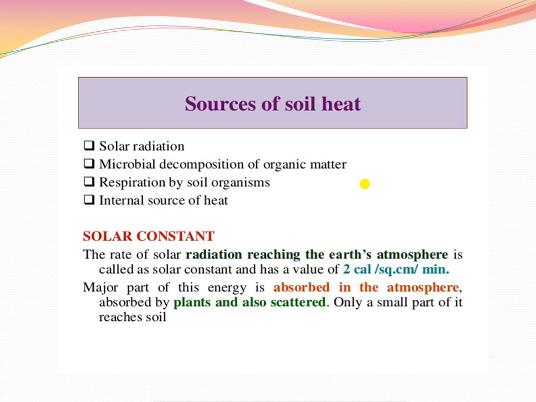The different sources which increase the temperature of soil are, number one, solar radiation, that is sunlight energy from the sun; then microbial decomposition of organic matter, which evolves certain heat due to the decomposing activity of microbial inoculants, that is soil microorganisms; then respiration by soil organisms; then internal heat of soil, the internal source of soil heat.